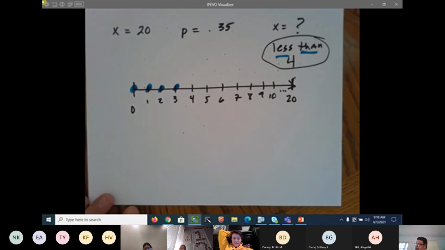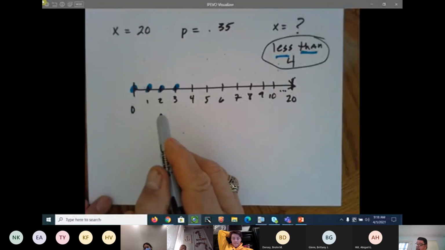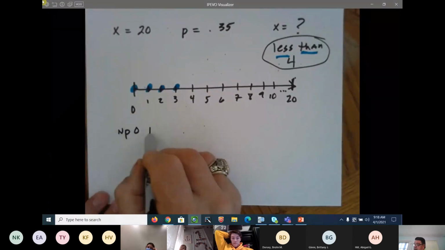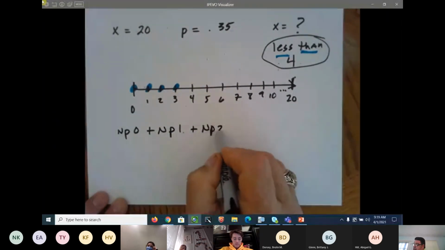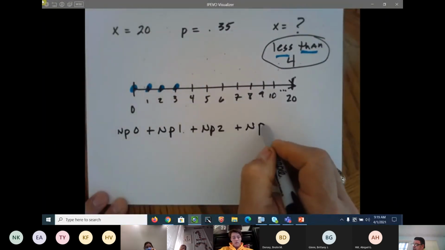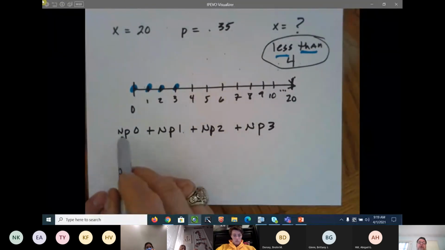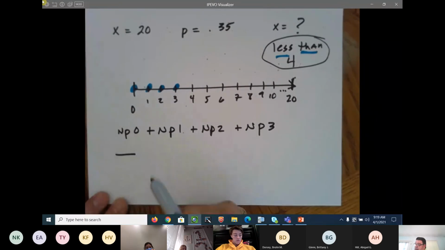All right. So less than 4. How do you do less than 4? Well, you could do NP0 plus NP1 plus NP2 plus NP3 and do that each time on your calculator. Second vars, 20, 0.35, 0 and write that number down.